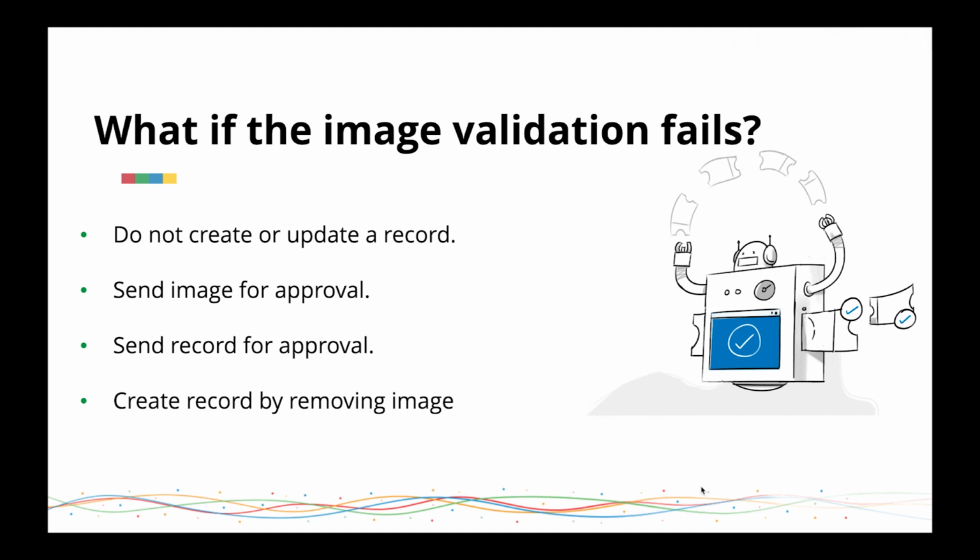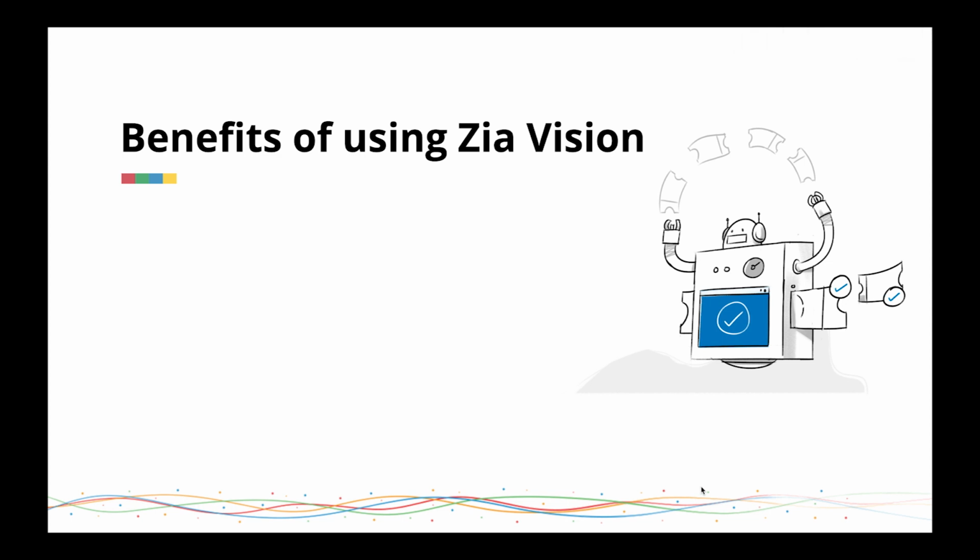We are almost done. Here's a quick recap of the benefits of using Zia Vision. Visual engagement is the key to optimal customer experience. Zia Image Validation, under the umbrella of Zia Vision, leverages the power of object detection.